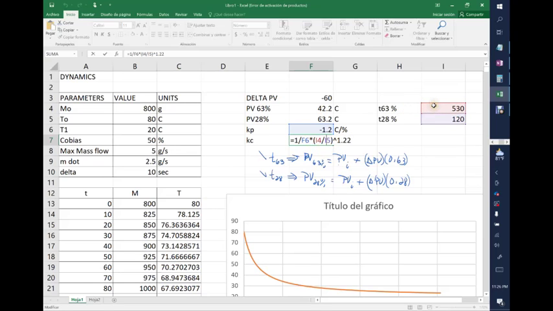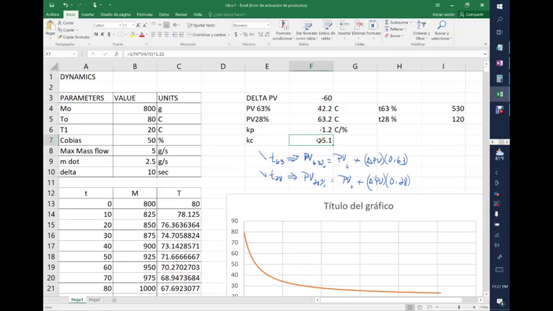E4 is this guy here over E5 is this guy here, and that ratio is elevated to 1.22, and bingo, you have the value of KC for this run. Maybe you can have a different flow rate here and see how much this value can be adjusted depending on what flow rate you expect to have. I'm right in the middle with the 50%, and so you end up with about negative 5.1.